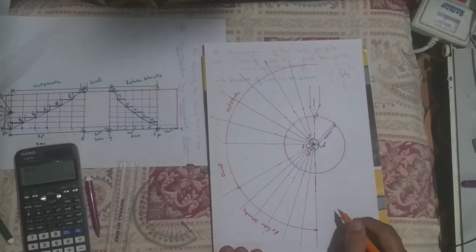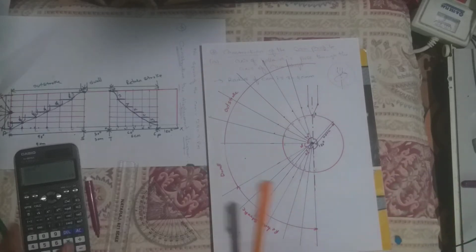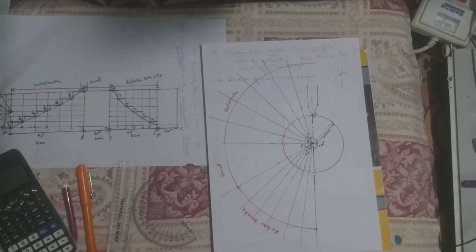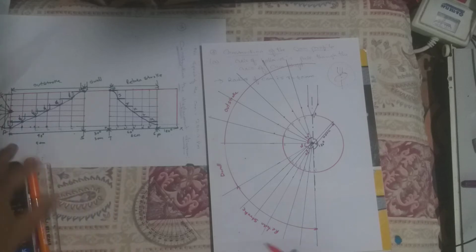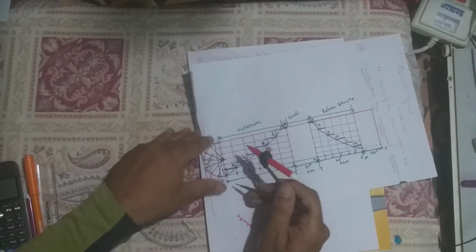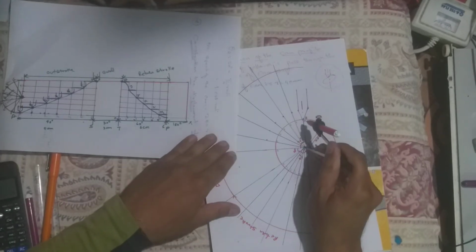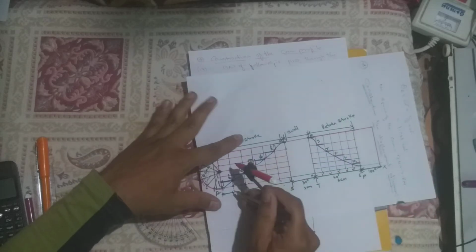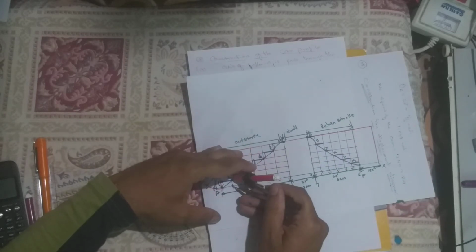Next, on this compass you have to take the value. First, initially 0, so it will cut here only. Then next, 1 to 1, how much is there?